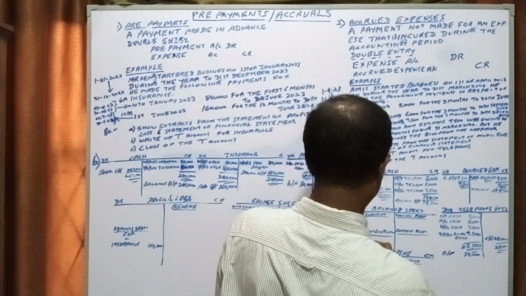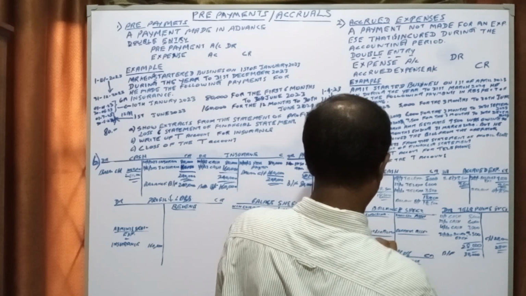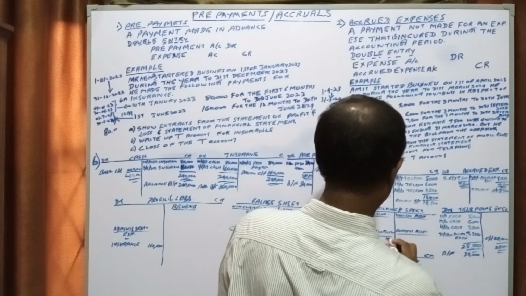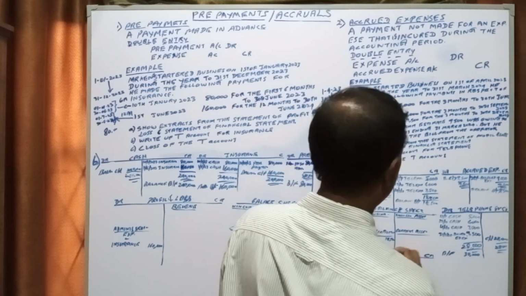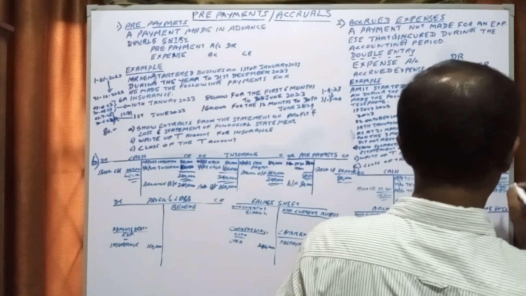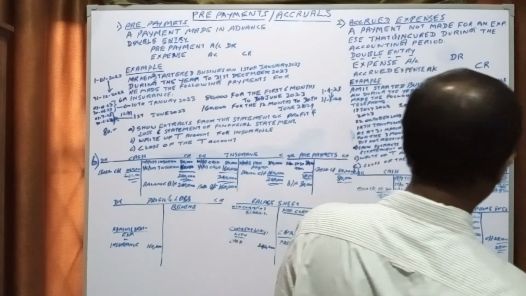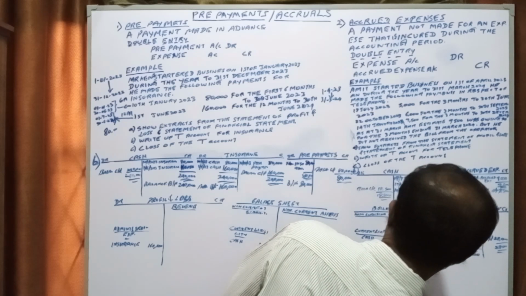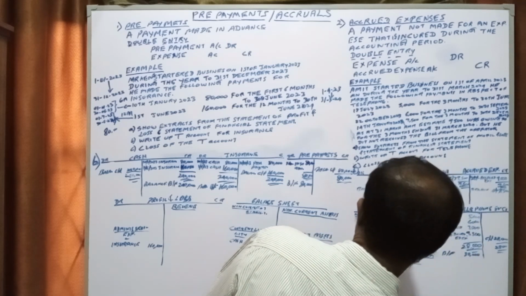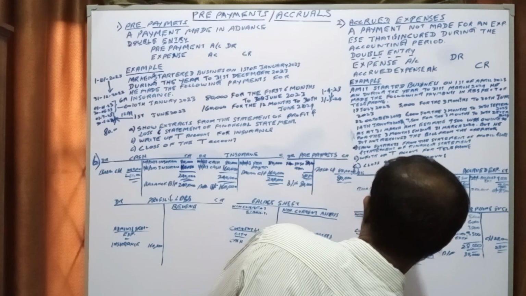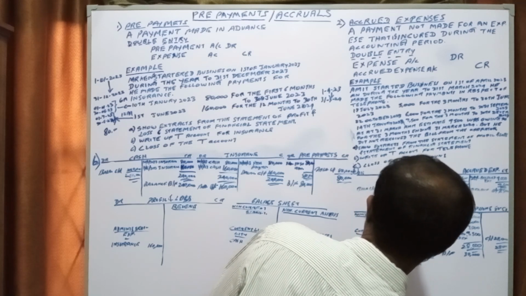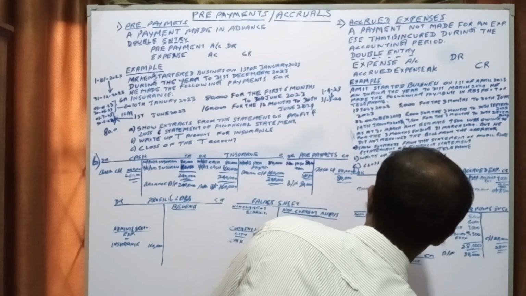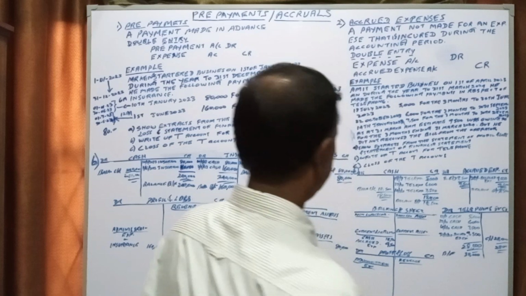One is cash because it had a credit balance of 18,500, and the second one is accrued expenses, also a credit balance of 9,500.